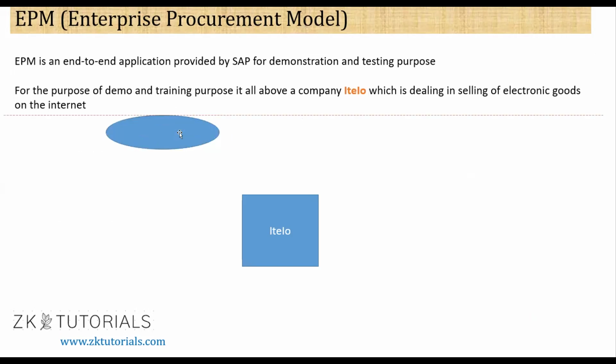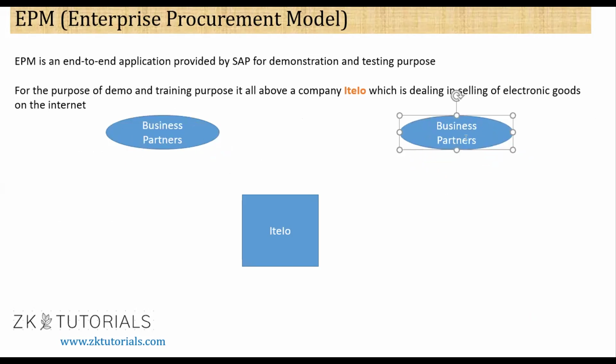These are my business partners, and this is my product. Here you can see this is my business partner and this is my product.